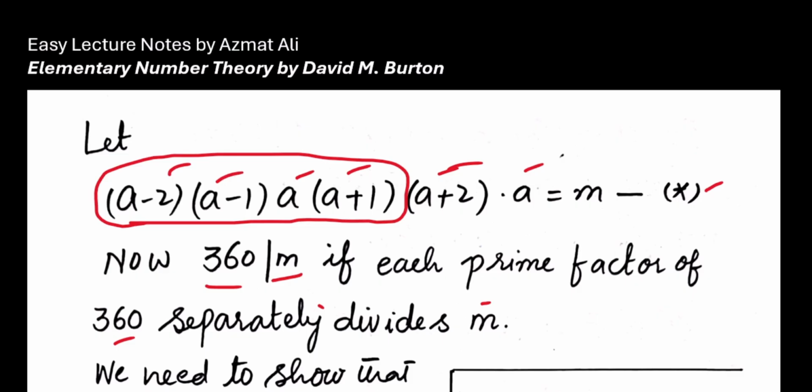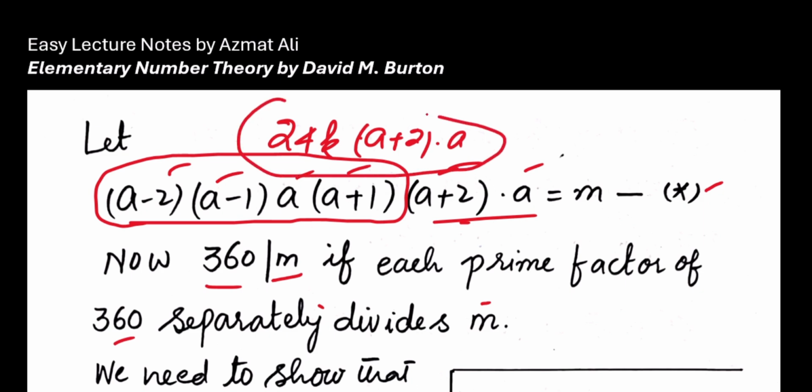So it means this product is a multiple of 24, like 24k. Now we have the remaining 2 integers, a plus 2 times a. Clearly this whole product is divisible by 24 because this is a multiple of 24. So when you say in the product of 6 consecutive integers, any 4 consecutive integers are divisible by 24, it means the complete product is divisible by 24.